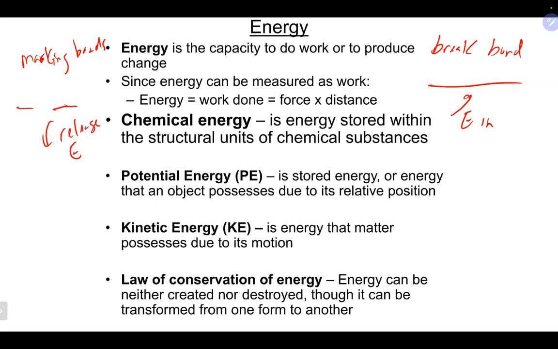The law of conservation of energy, which is really the first law of thermodynamics, says that energy cannot be created nor destroyed, but it can be transformed from one version to the next. So if you take the example of the potential energy up there on the hill, it has a certain amount of potential energy.